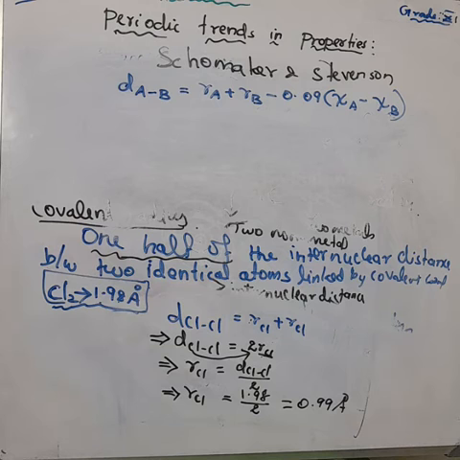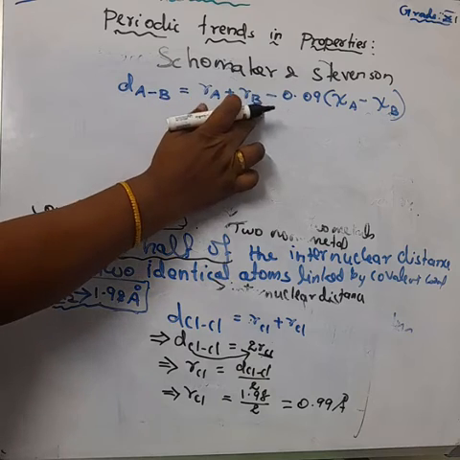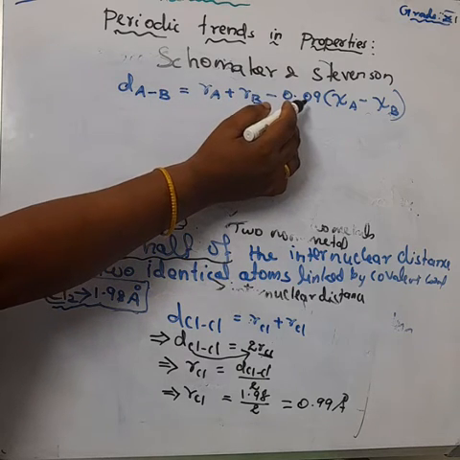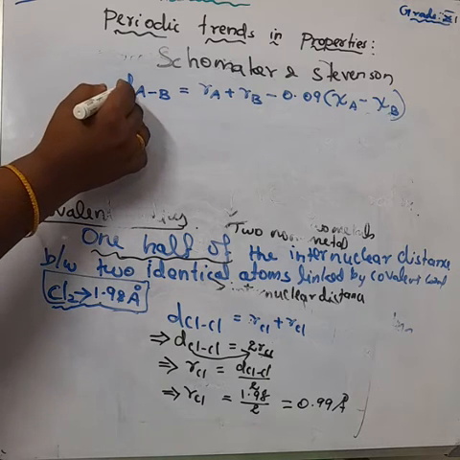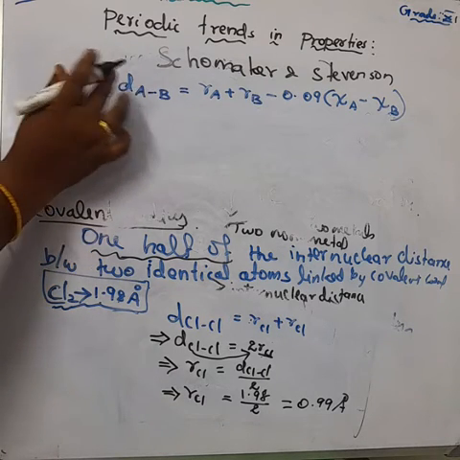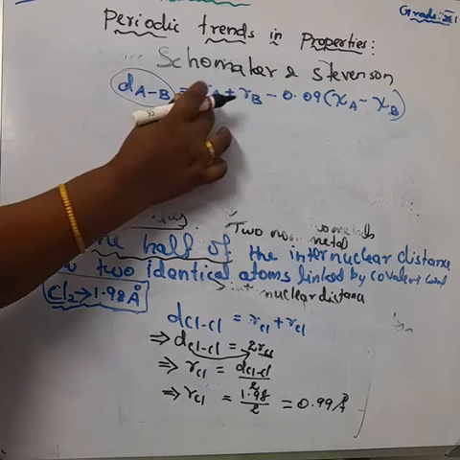What is the formula? D_AB is equal to R_A plus R_B minus 0.09 into (χ_A minus χ_B). Here D_AB is the internuclear distance between two different atoms, A and B. R_A means the covalent radius of one atom and R_B means the covalent radius of the other atom.